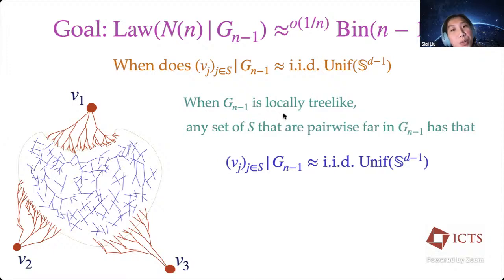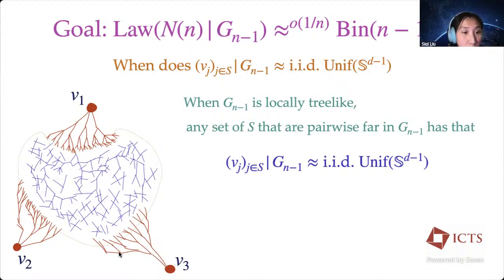Right, because of that, we can decompose the graph like that for a typical set S. Because of that, it's relatively straightforward that V1, V2, V3 should be independent of each other.